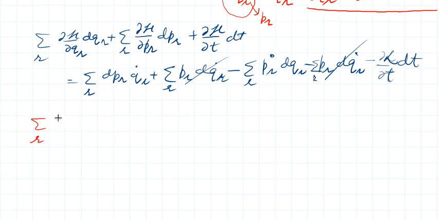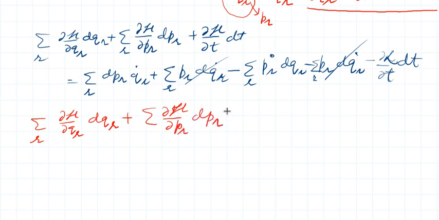It is summation over R curly H over curly QR dQR plus curly H over curly PR dPR plus curly H over curly T into dT.